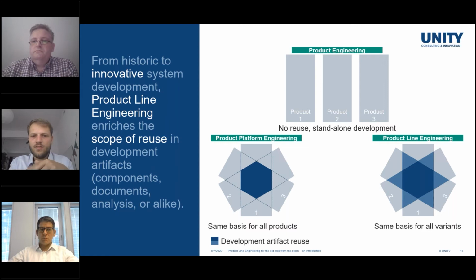This is highlighted here with a blue area. Product line engineering now enriches that blue area by also covering the same basis for different variants that might only be shared by two variants, but not by all products.